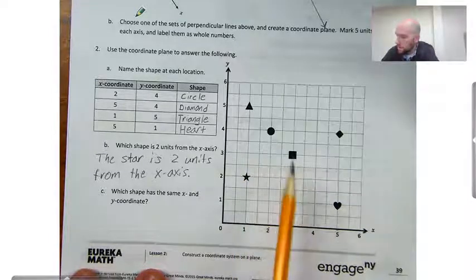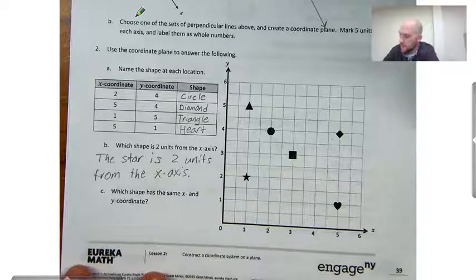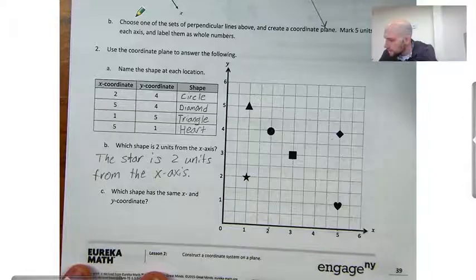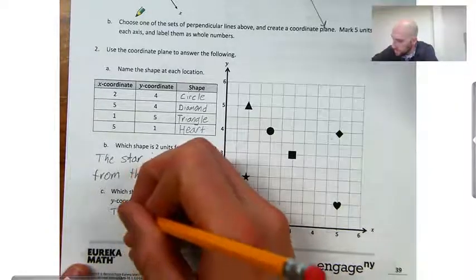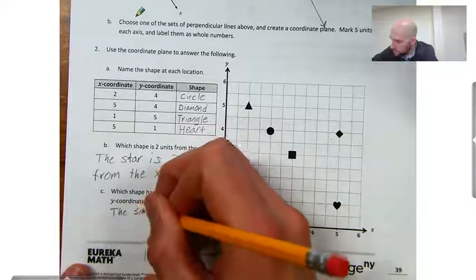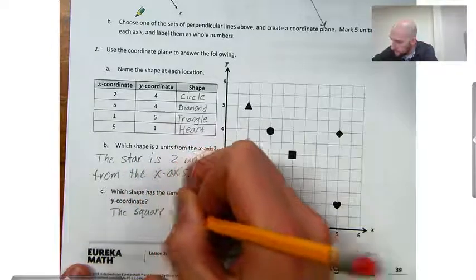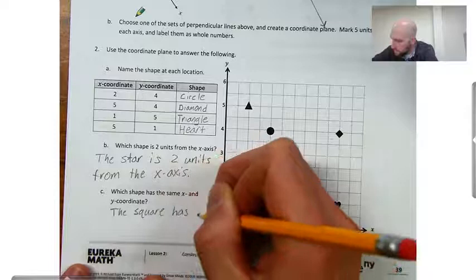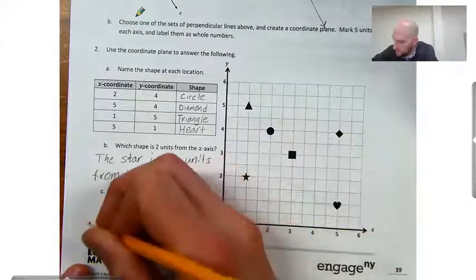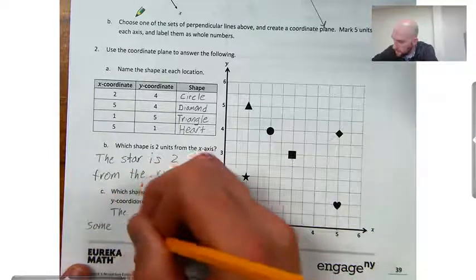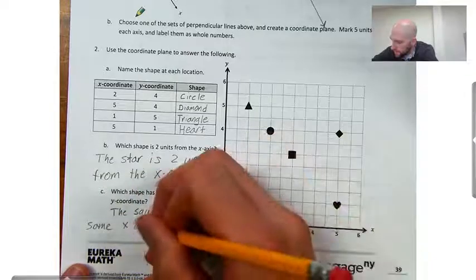And it looks like our square is going to be there at 3 and 3. So the square has the same x and y coordinates.